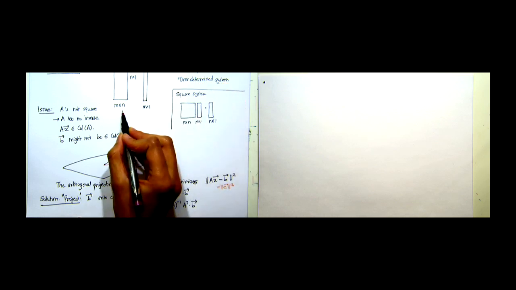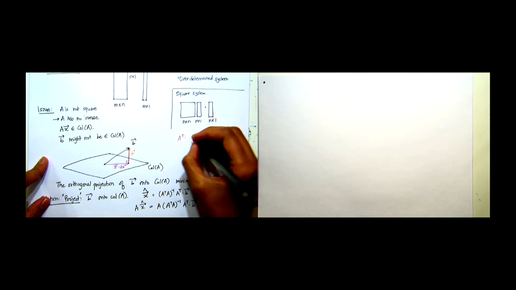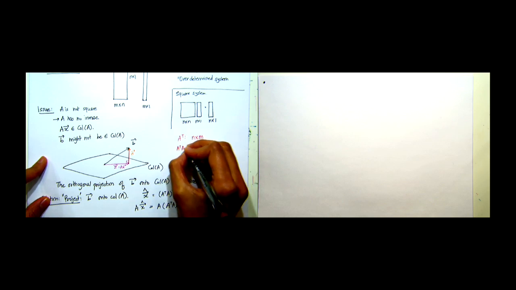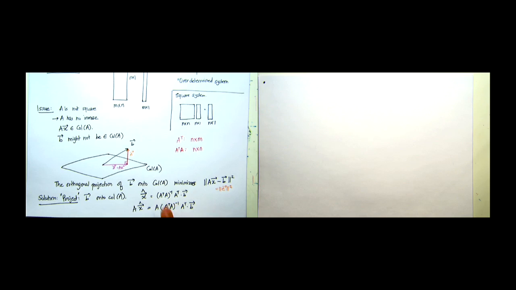A is m by n. So A transpose has dimensions n by m. A transpose A has dimensions n by n. Right? So this is a square matrix. We can't really separate this out. This inverse holds only for this square matrix A transpose A.